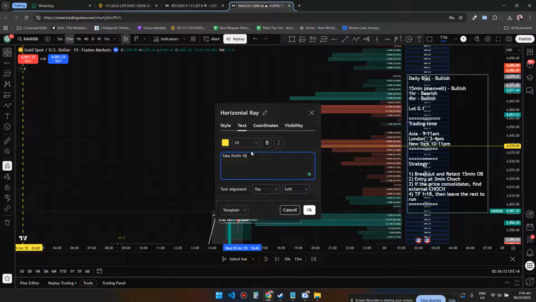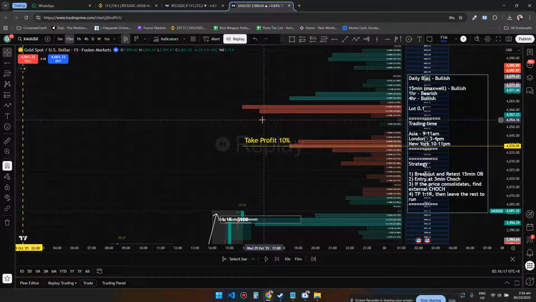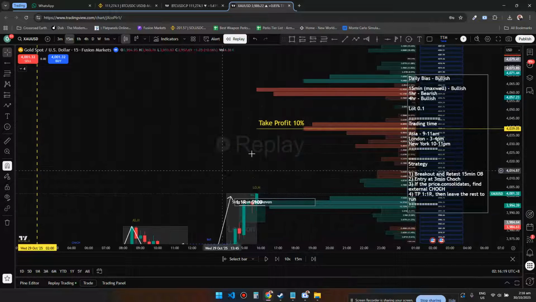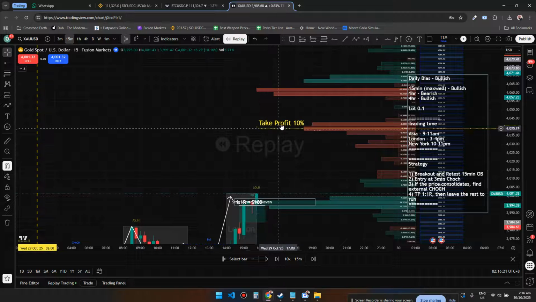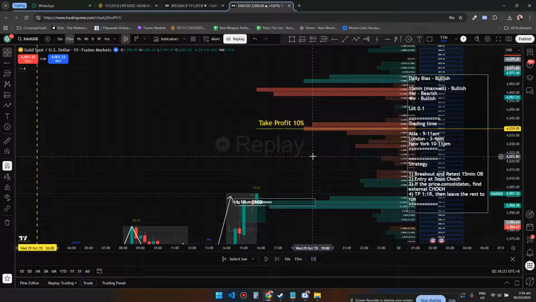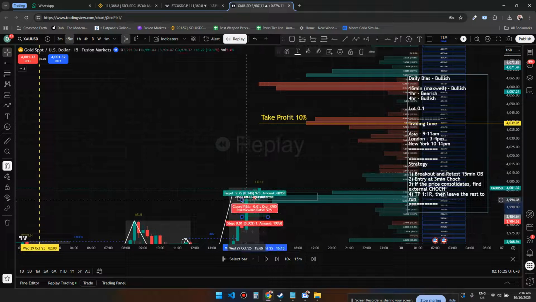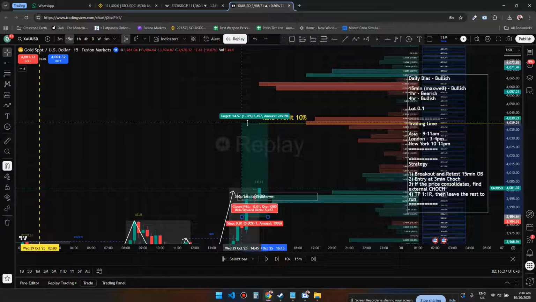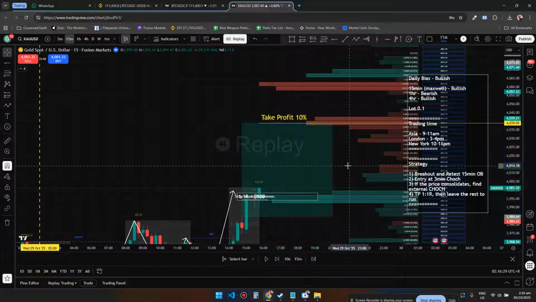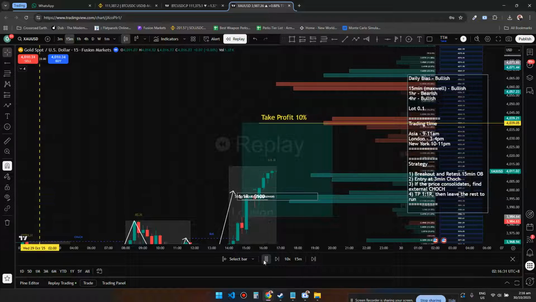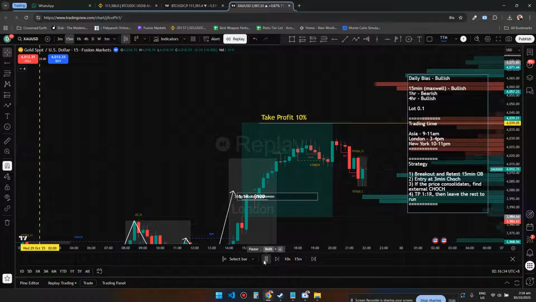Take profit another 10%. Yeah, so this was the next point of interest that I think price would go. So let's play out and see whether it hits or not.